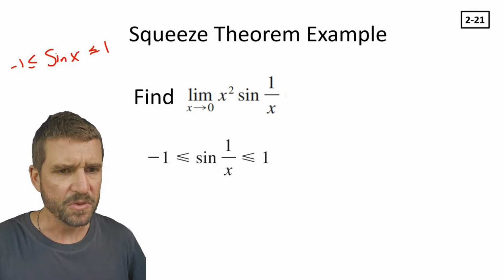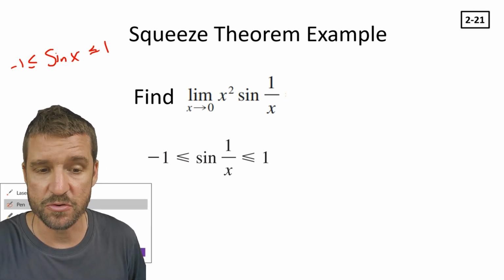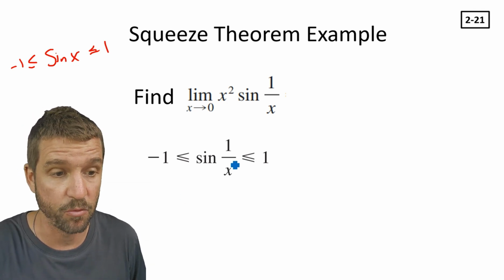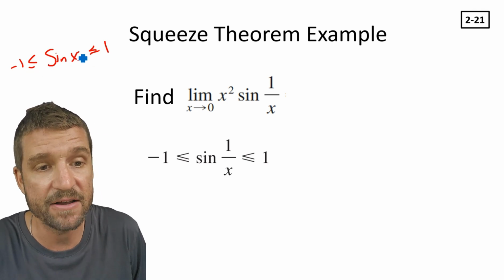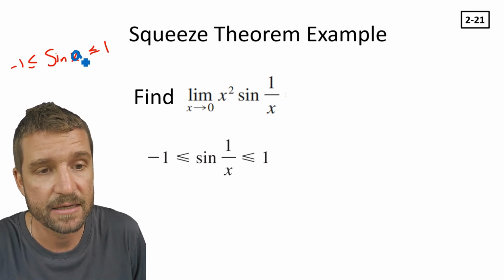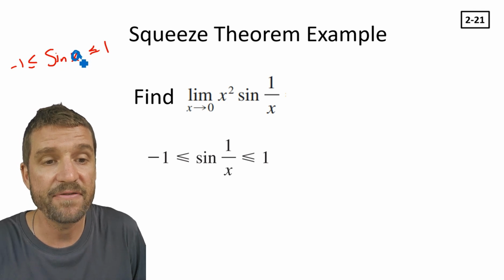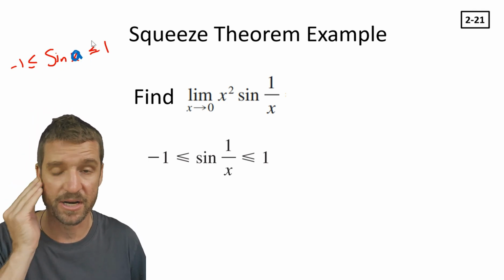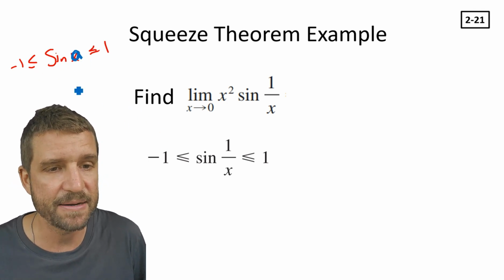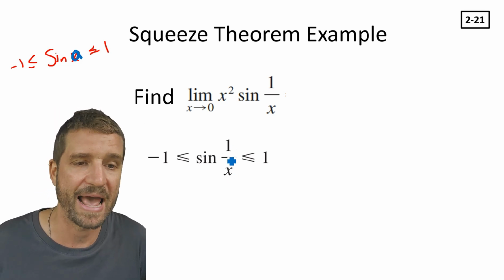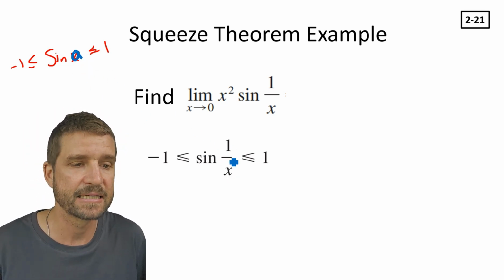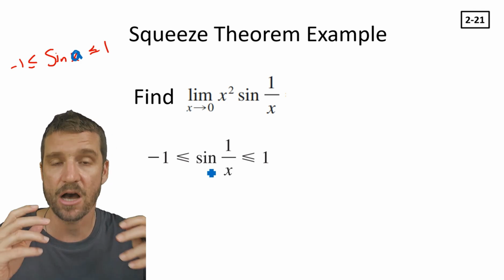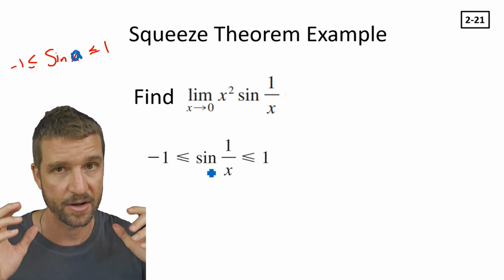So don't be confused by the fact that it's sine of 1 over x. The sine of any value a is always between -1 and 1. It doesn't matter what a is. So it doesn't matter that I put 1 over x in place of x. The sine of anything is always between -1 and 1.